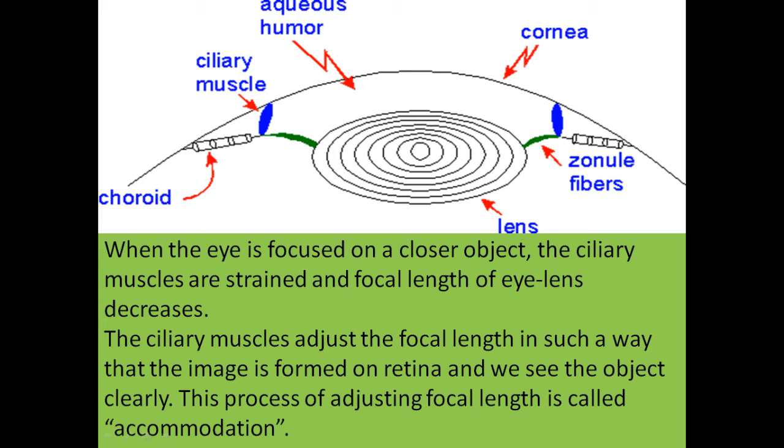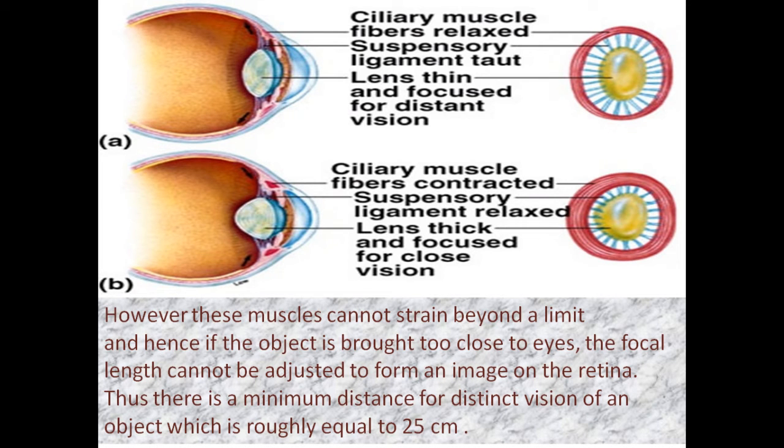This process of adjusting focal length with the help of ciliary muscles is called accommodation. In this video, you see how the ciliary muscle fibers relax and contract, and how the eye lens is adjusted.